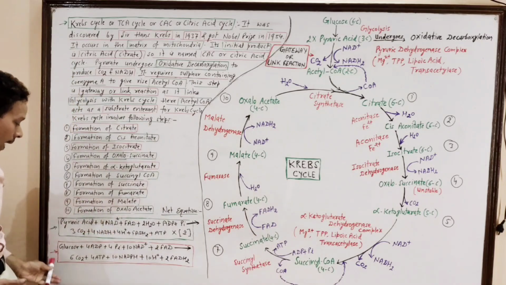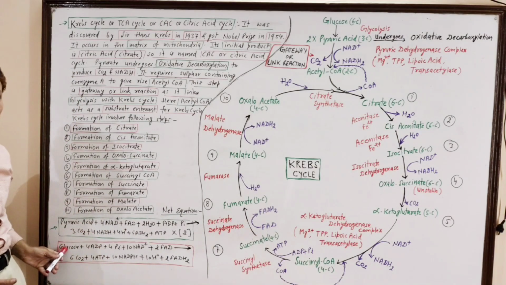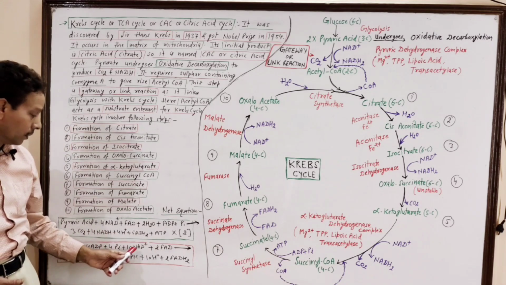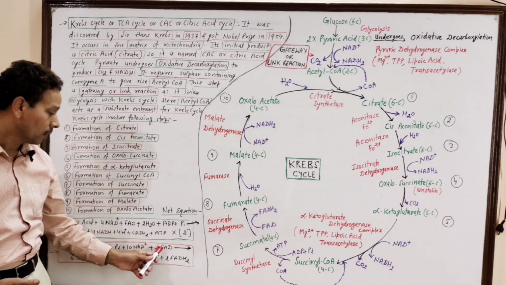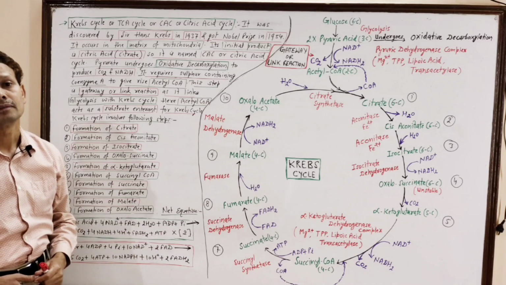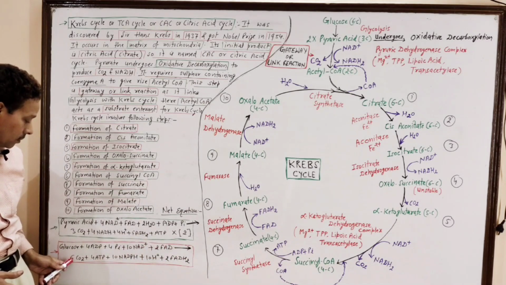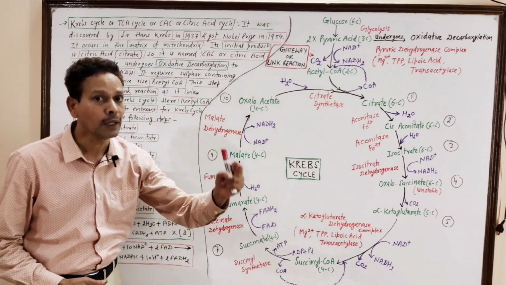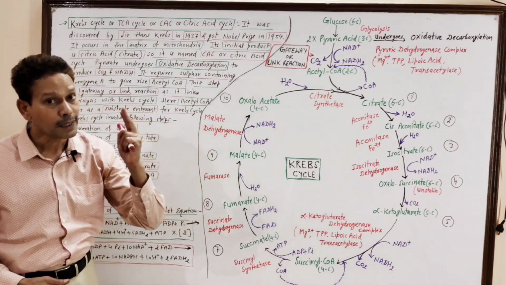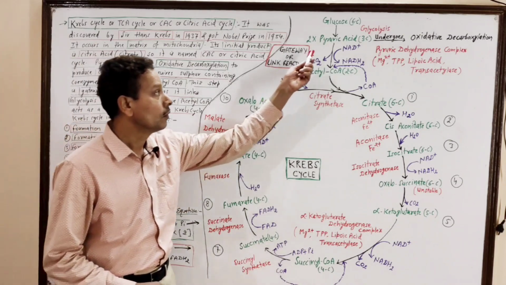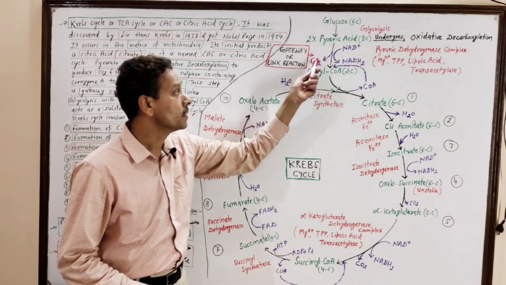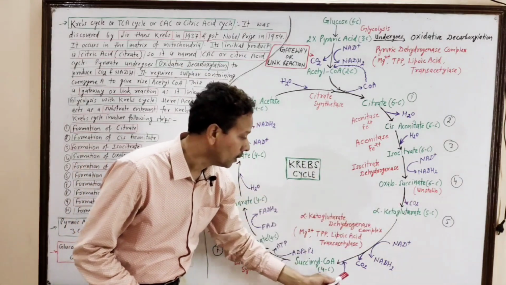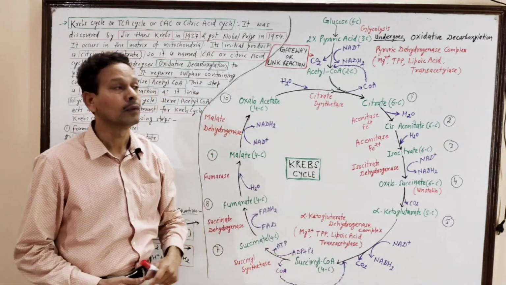The net equation of that: 1 glucose molecule in presence of 4 ADP plus 4 Pi, 4 NAD and 2 FAD produces 6 CO2 molecules. 1 glucose molecule is converted into 6 CO2, as each pyruvic acid produces 1 CO2, second molecule of CO2 and third molecule of CO2.